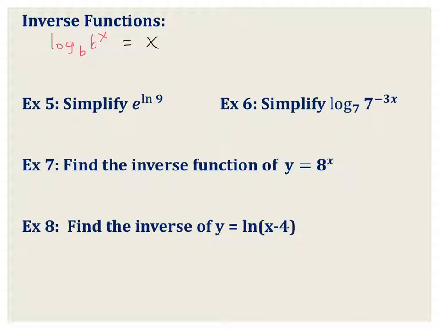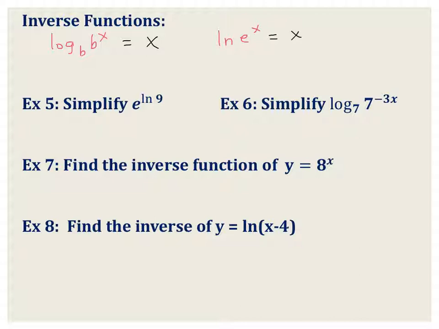Now another thing that we can have similarly to that, except with the natural log, is that we would have natural log of e to the x. Now remember, it's understood that there is a base e right here, so e and e, like b and b, and that's going to give me equal to x.